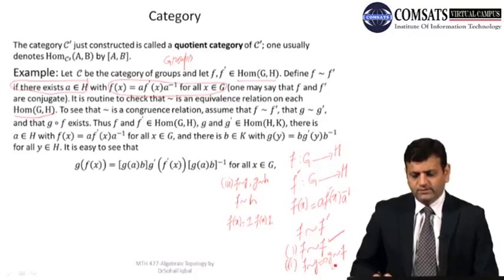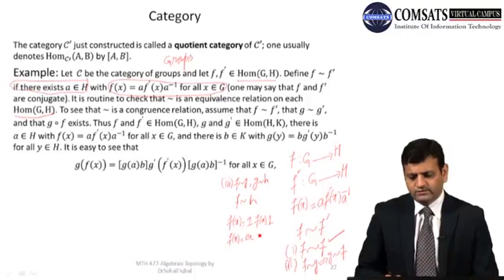Similarly, if f is related to g, which means f of x is equal to a g of x a inverse, then I can just consider g of x to be a inverse f of x a. So as we can see, there exists another element, and this new element is a inverse. In one case the element is a, and in the other case the element is a inverse. So f is related to g implies g is related to f.